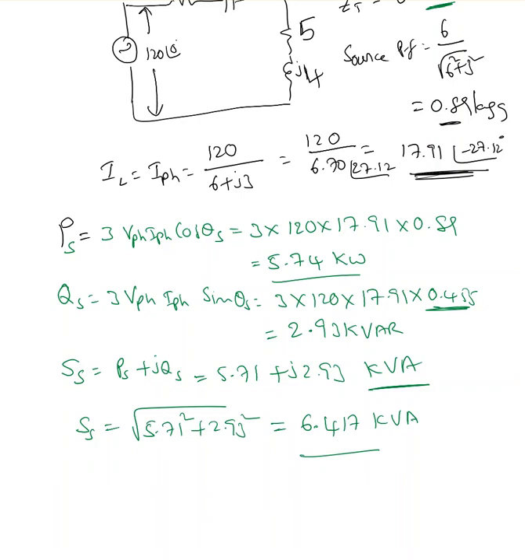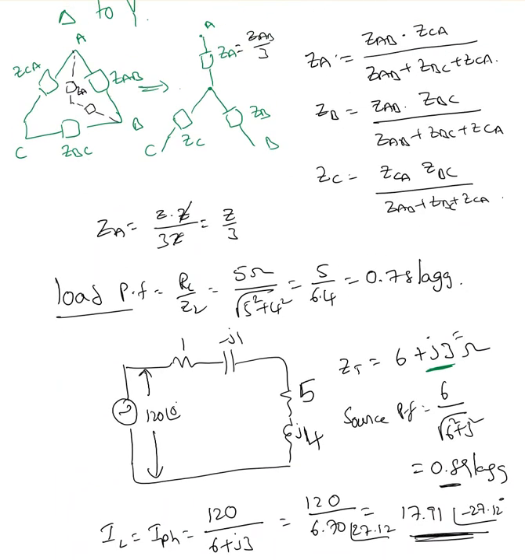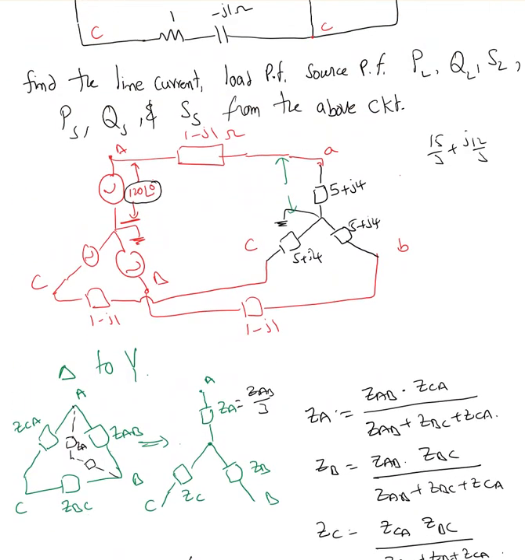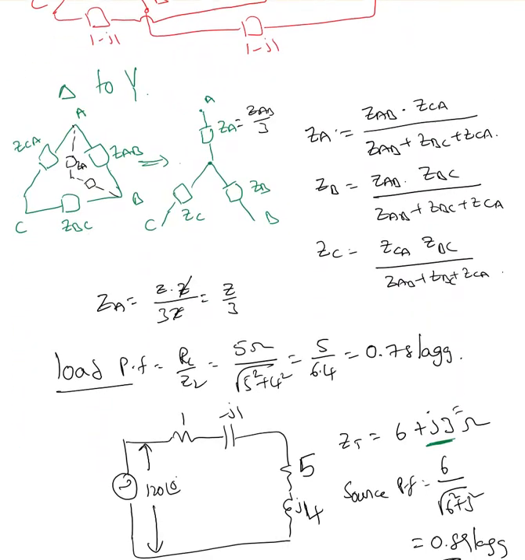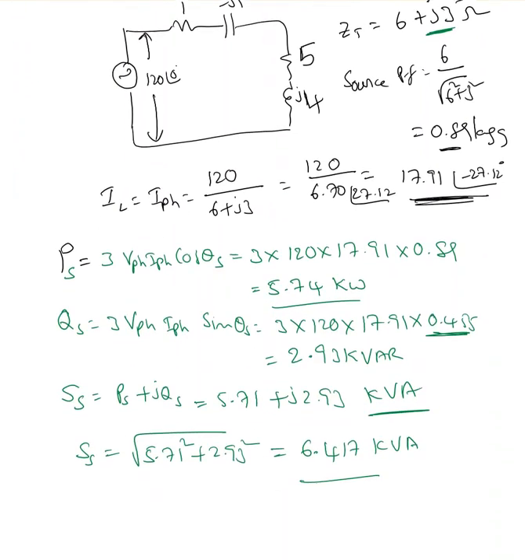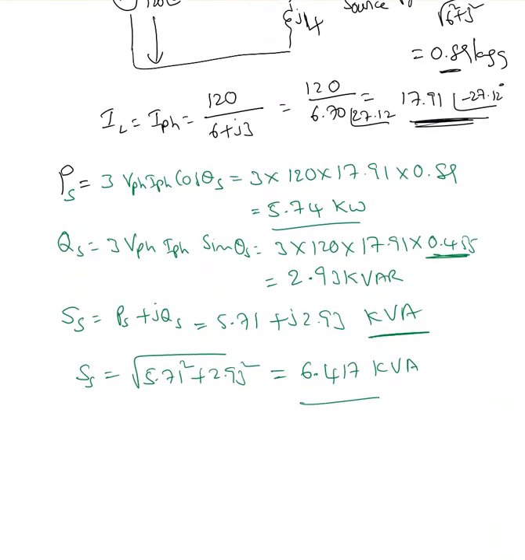Now he's also asking about the load quantities. Since I already know the source quantities, I'm going to find the losses in the line. So P line losses equal 3 times the current flowing in the line, IL squared, times R line.